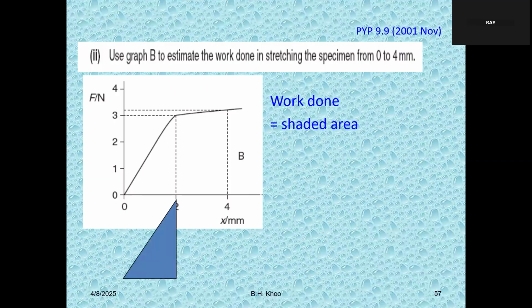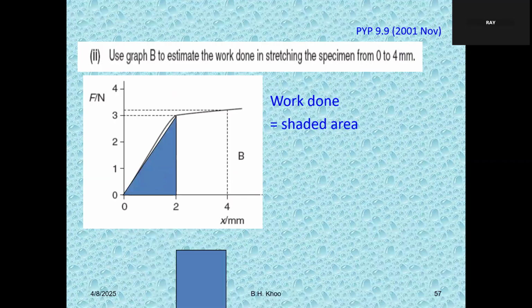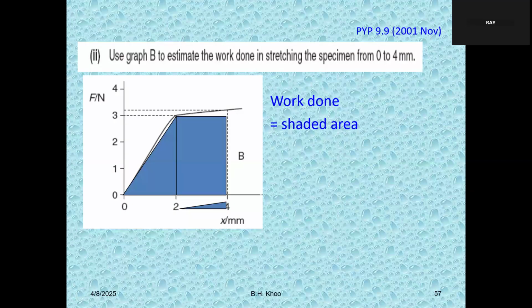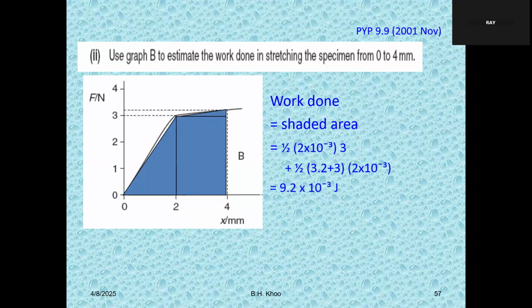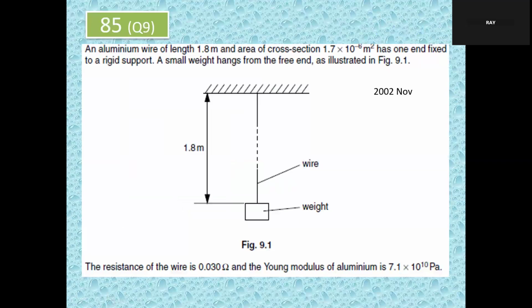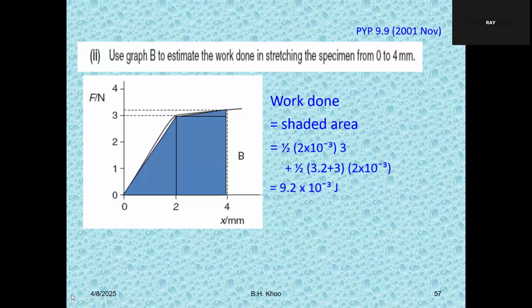The area of triangle and area of trapezium, the shaded area.